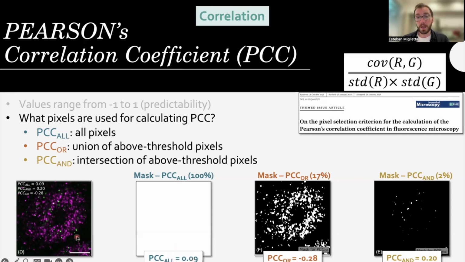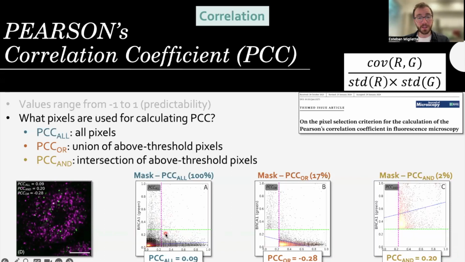Again, understandably so, because most of the pixels are black. If we use PCC OR, we get a small but negative number. And if we use PCC AND, if you see those few white dots here and there, we get a positive, although again, low value.